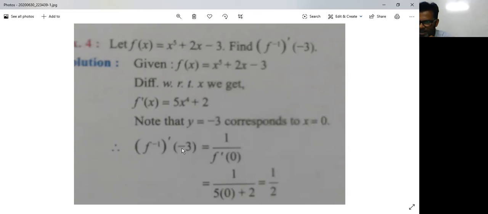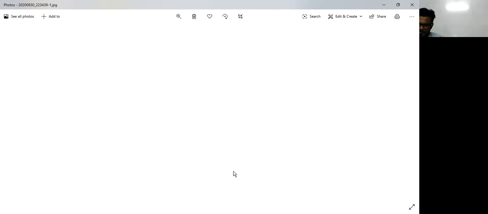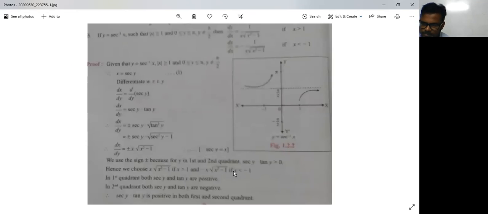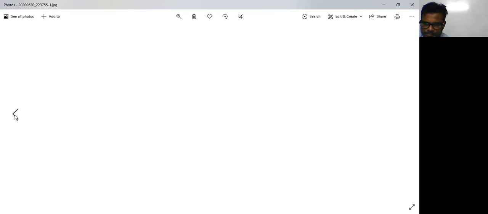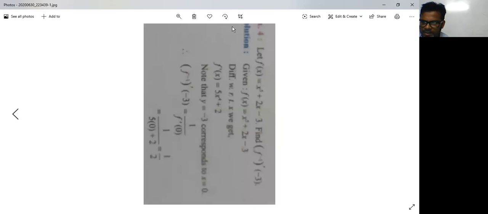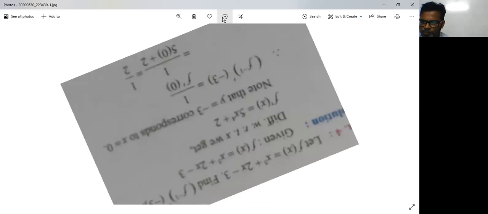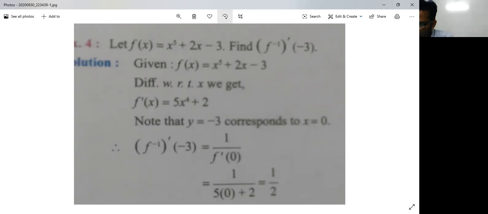So the inverse of -3 will be 1/f'(0), and x is 0, so f'(0) becomes 1/(5 times 0 plus 2). So 5 into 0 is 0, plus 2, that became half.